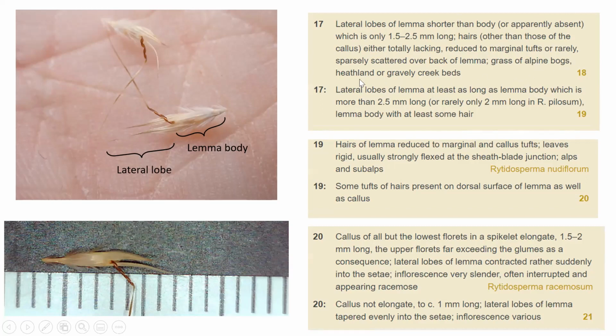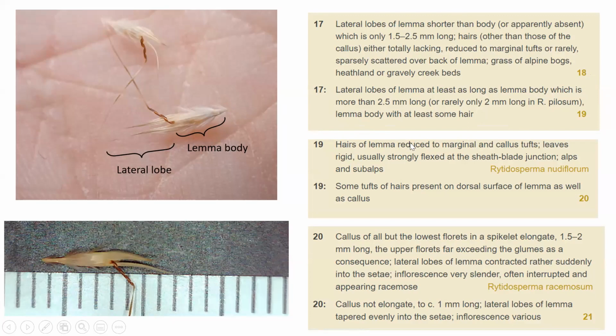And this is a grass of alpine bogs. So the bristle kind of disappears a bit there, you can't quite see it, but this is longer than from here to here. And that's your measurement for your lemma body, is the sinus to the callus. So we ruled out that one. Go to step 19.